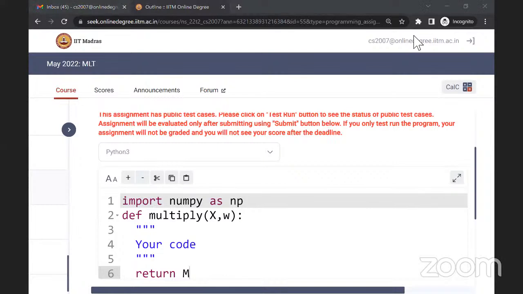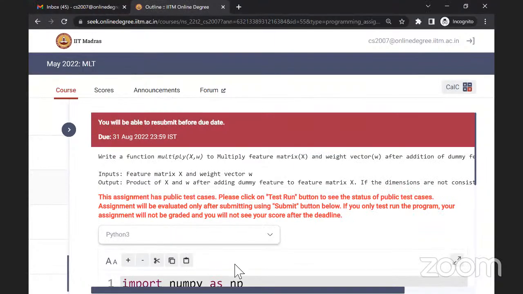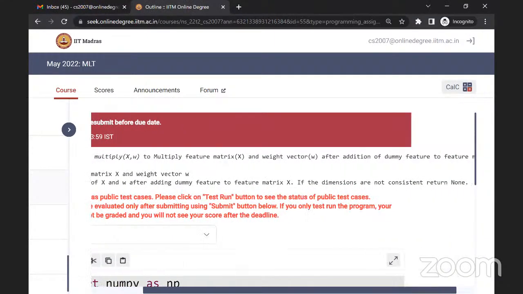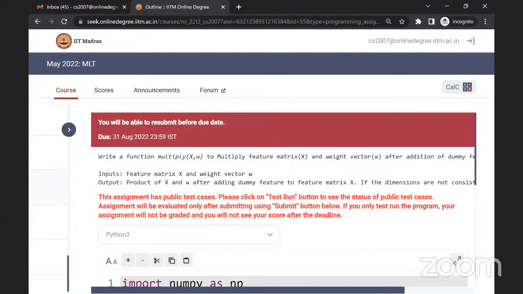Soumya has written her answer. Sabit has also done the same. So Rahul and Asha have also submitted their answers.